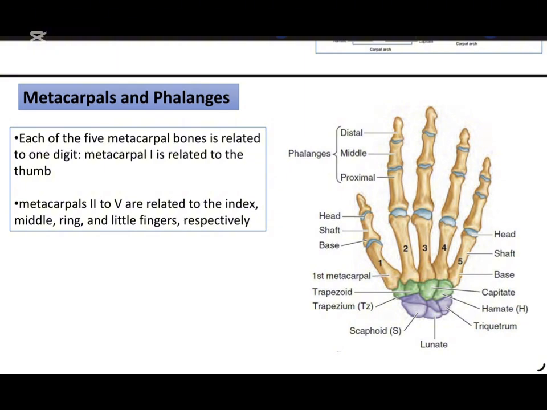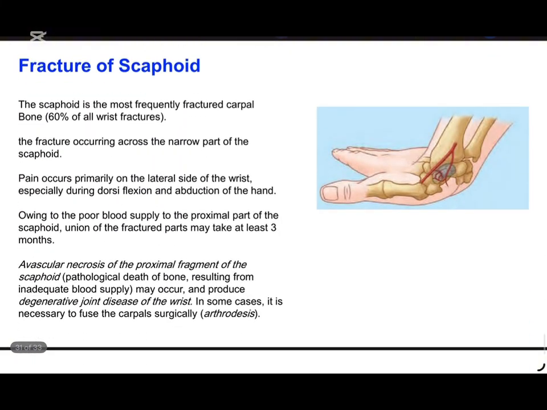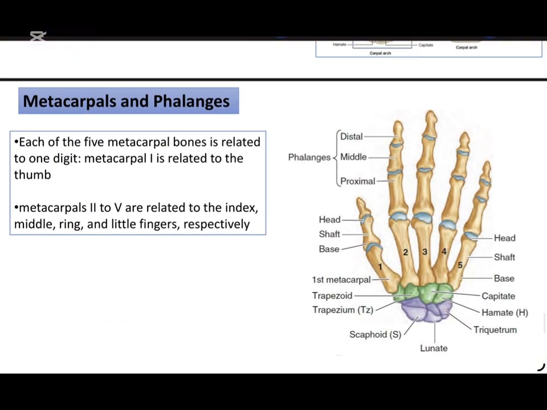Finally, the phalanges here. We said the medial 4 digits, I have 3 phalanges في كل digit. Except for the thumb, I have only 2. Okay? We call this proximal middle distal, proximal middle distal. هاي بسميها proximal and distal.